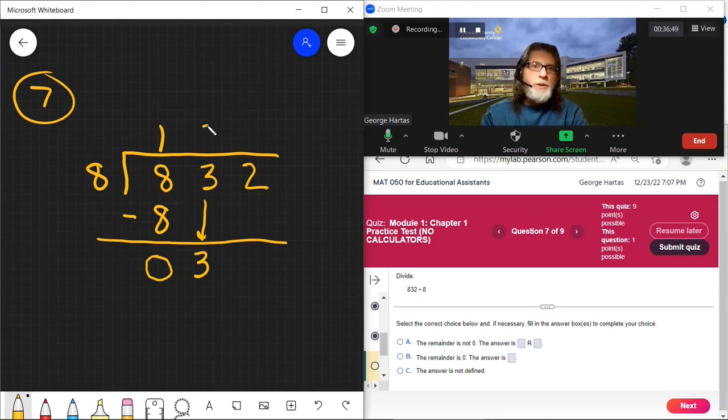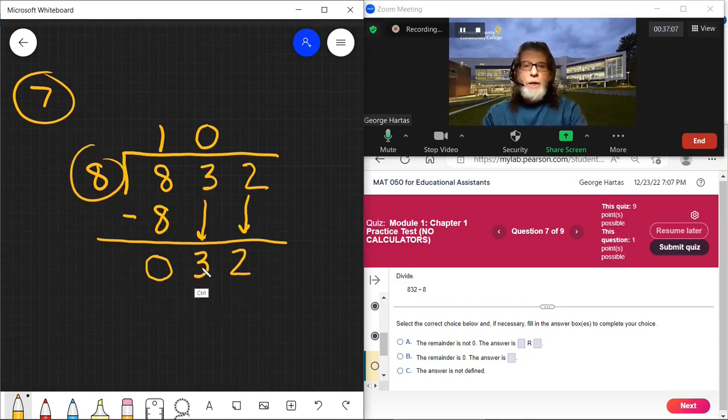So we put a 0 here because 8 cannot divide into 3. Then we bring down the next digit, 2. So this number here now is 32. And again, we divide downwards. We ask the question, can 8 divide into 32? So what we're looking to do is see how close we can get to 32 without going over.